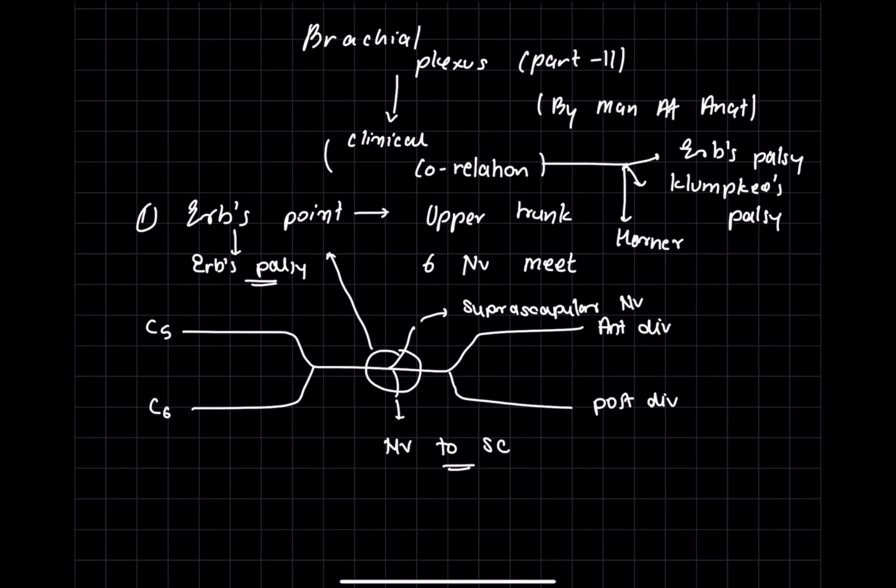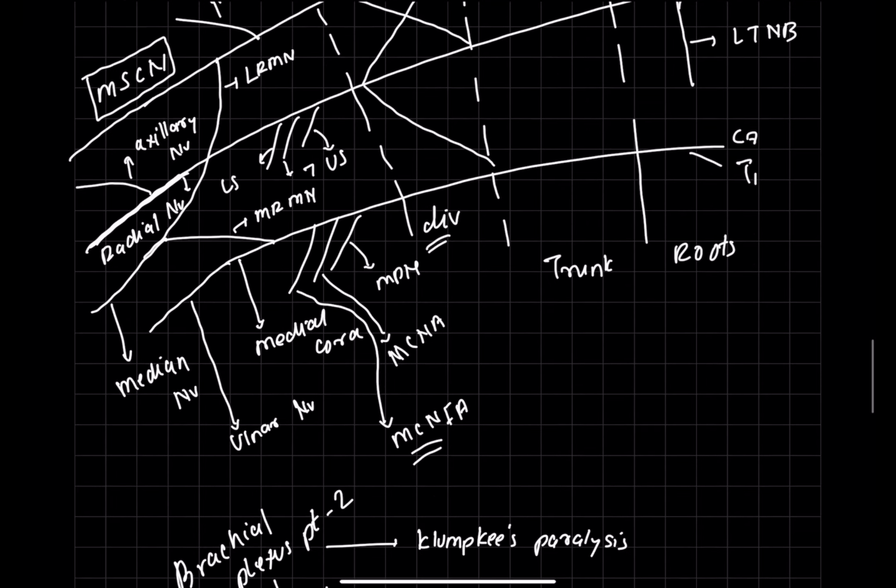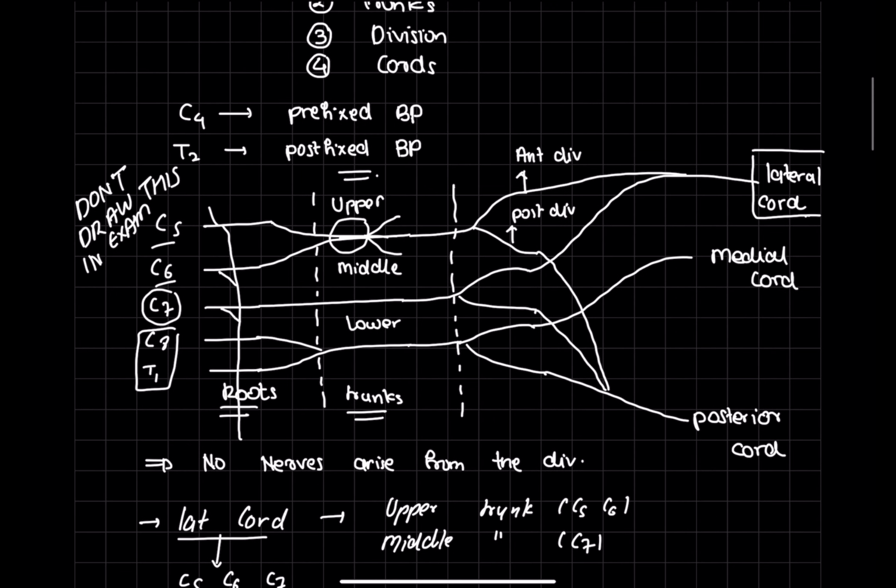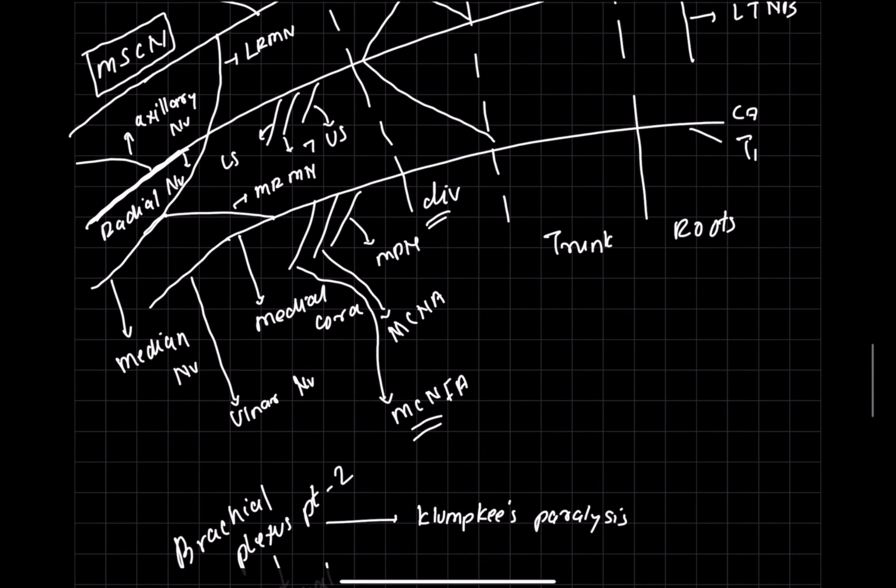Now some might argue that Horner syndrome belongs to the head and neck portion rather than the upper limb. We can study it in the brachial plexus because of the involvement of the T1 fibers. Because of these T1 fibers, we are going to study Horner syndrome here itself.